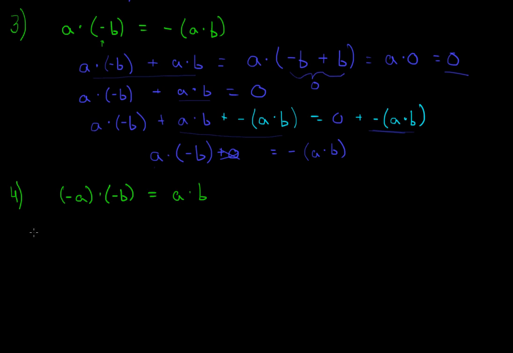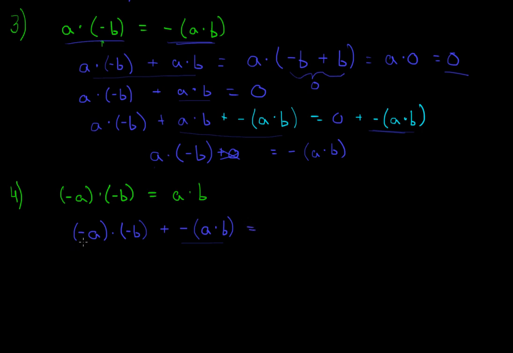So to prove this, let's look at negative a times negative b plus the additive inverse for a times b. And again, let's just work with this and see where it can get us. So using this right here is exactly equal to this, and we just proved that this is equal to this. So we can just substitute that in.